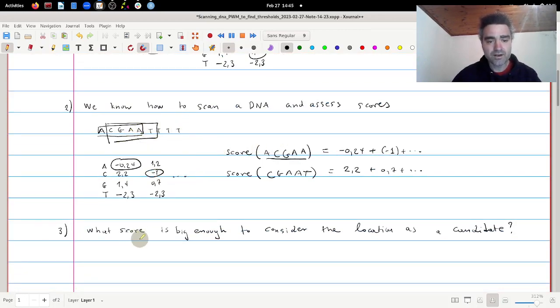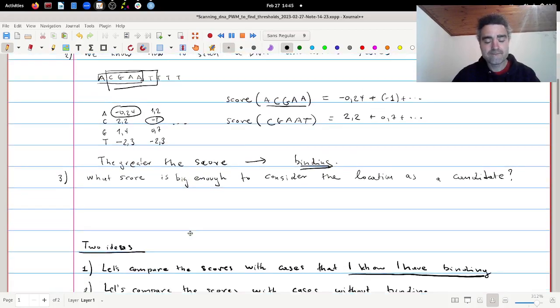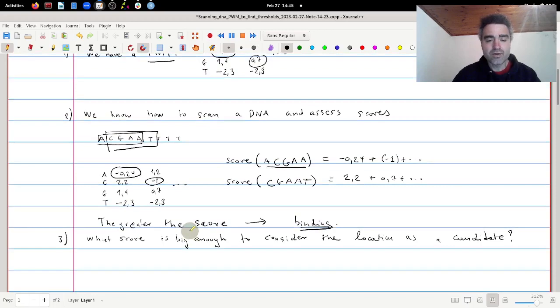And now the real statistical question, which is interesting for us, is what score is big enough to consider the location as a candidate. I must say here that the greater the score, the more plausible the binding is. In real DNA we might have binding with different affinities.